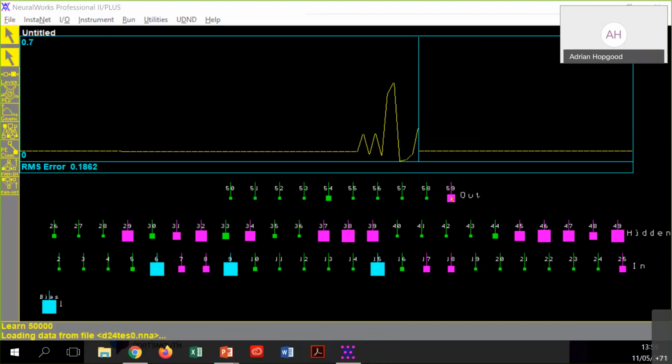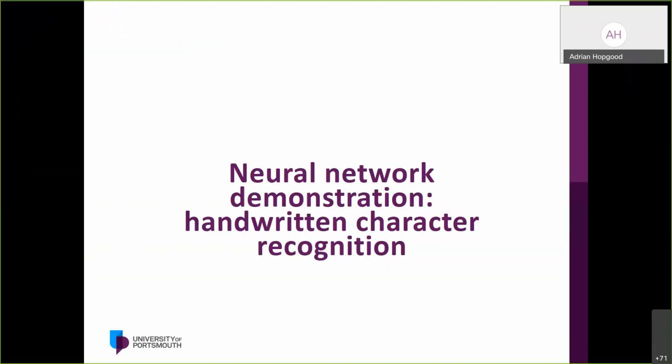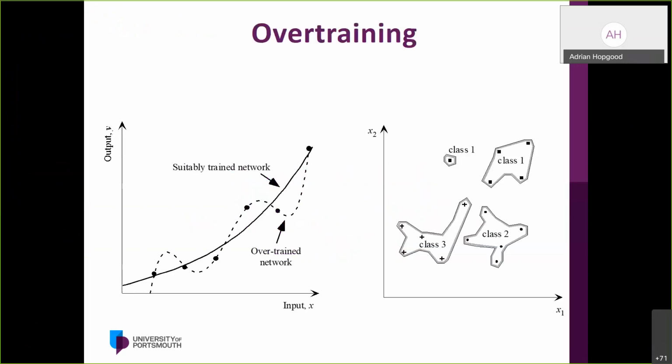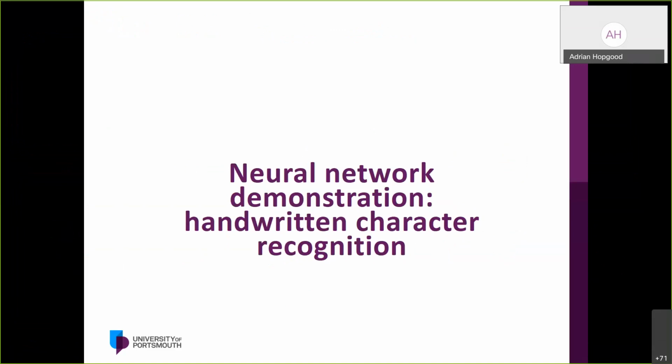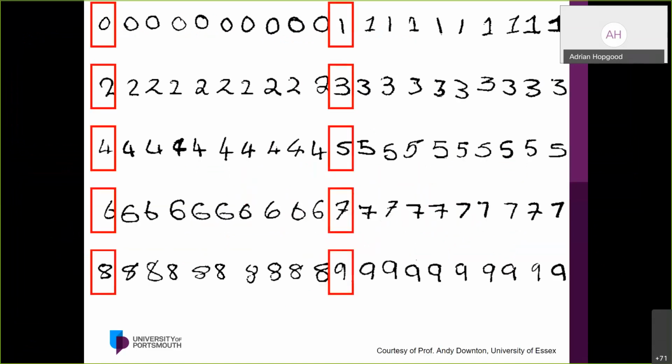Go back to my slideshow. So that's, in my view, not too bad. Let's go back and look at what we were looking at.